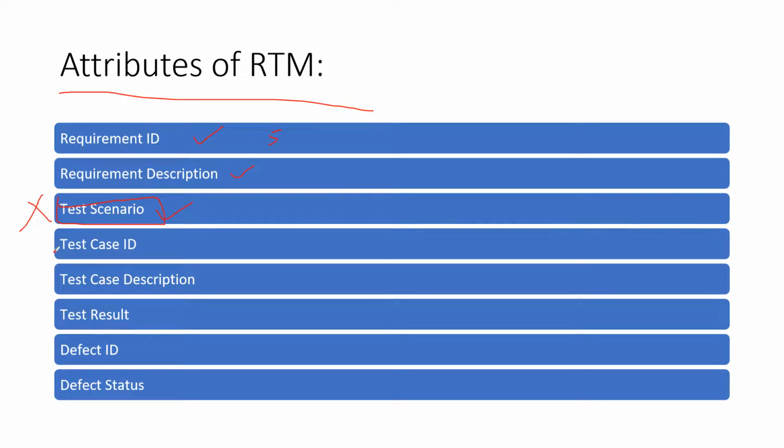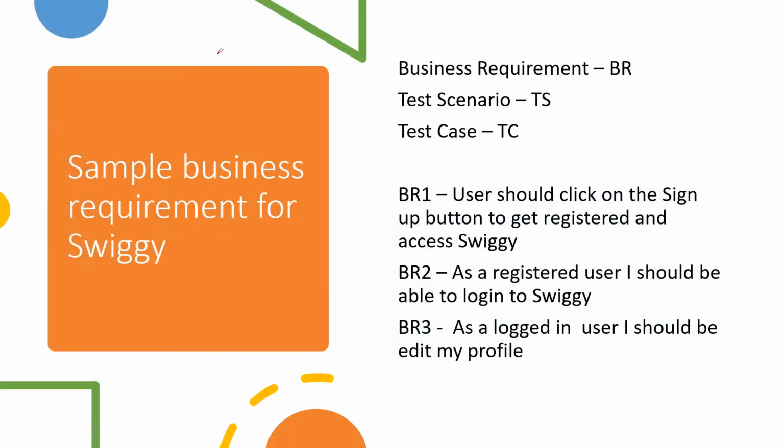And we'll have test case ID, test case description, test result, defect ID, and defect status. These are the attributes of a requirement traceability matrix.